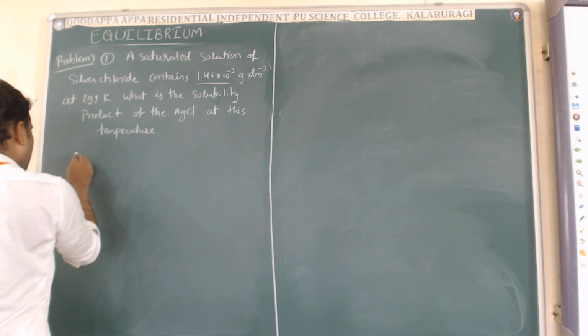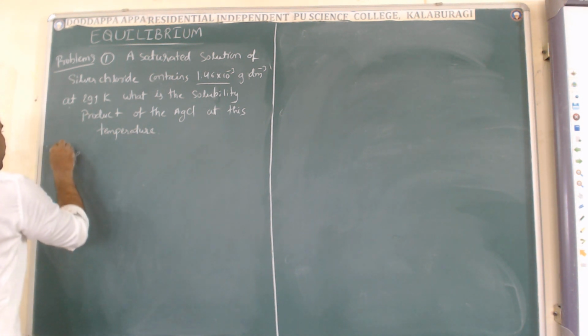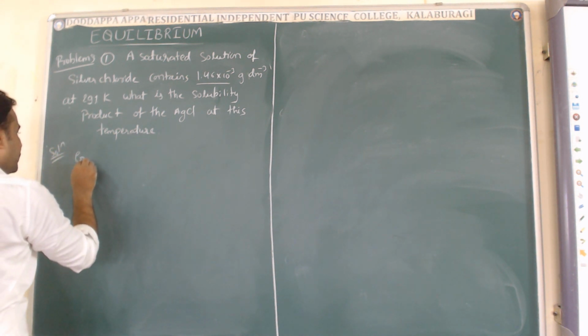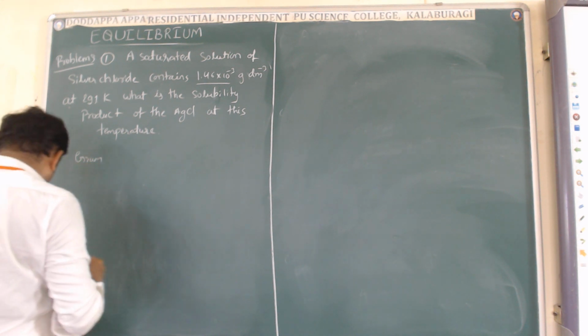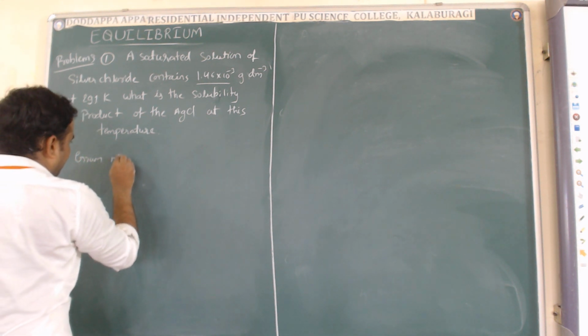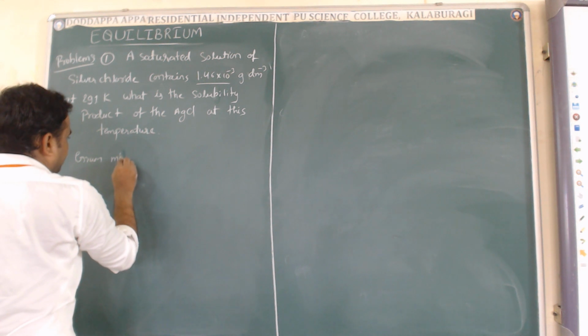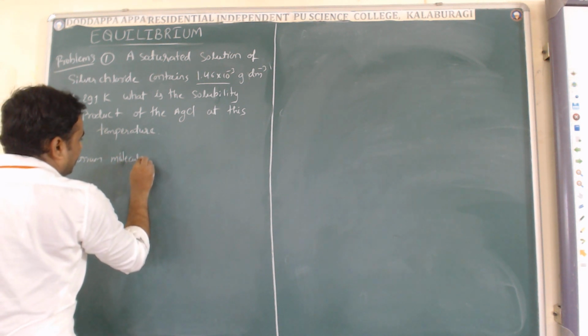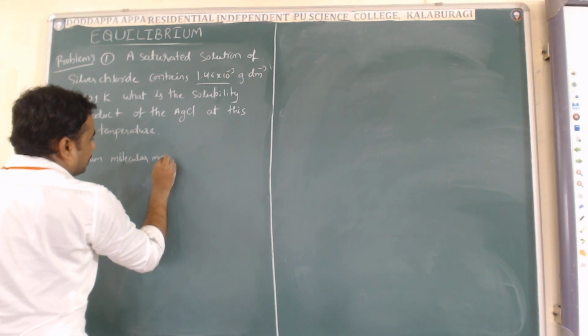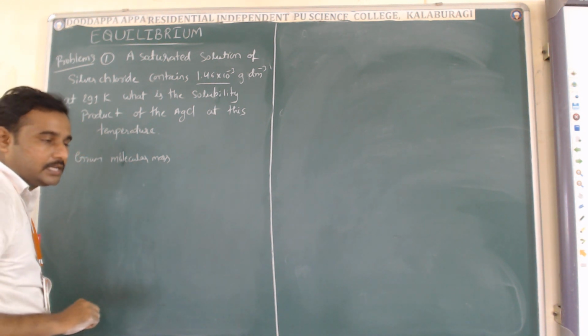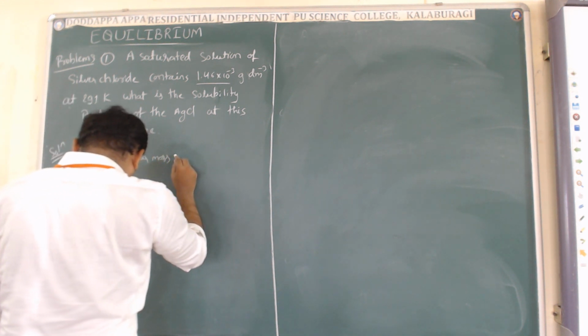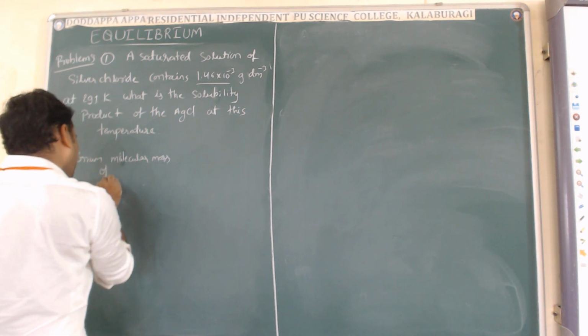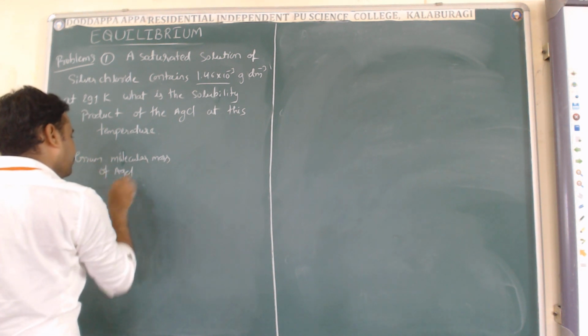First you have to write the gram molecular mass of AgCl, silver chloride.